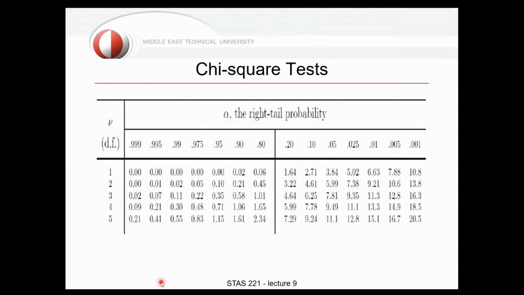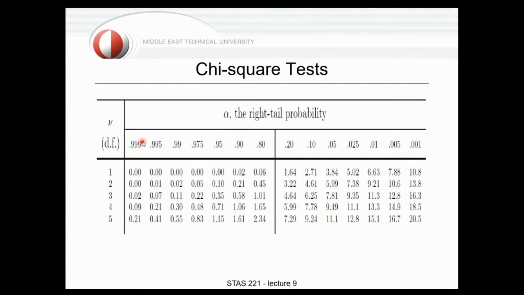Let me show you in the table. For example, assume that the degree of freedom is 4. It means the sample size was 5 in one population. So 5 minus 1, this is 4. And the test statistic was calculated to be exactly 1. So 1 is between these two numbers, and you can see the p-value from here.